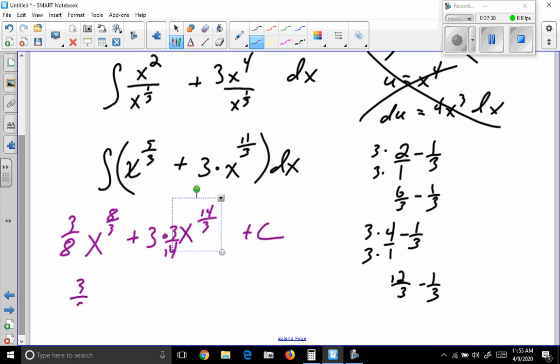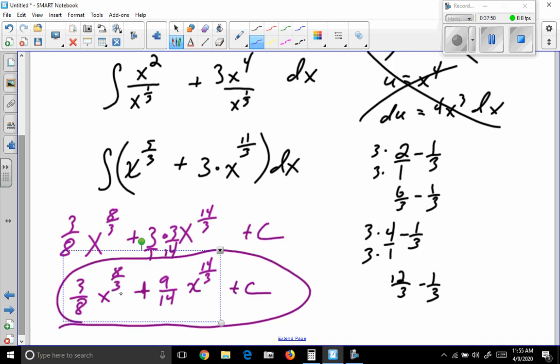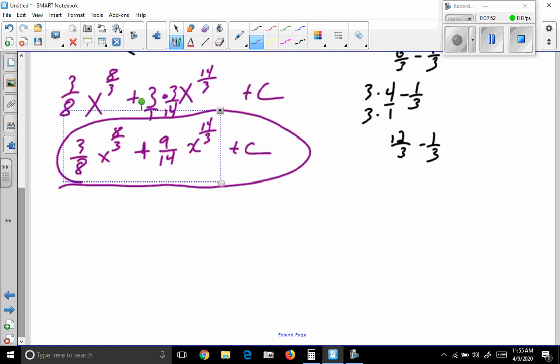So we end up with 3/8 x to the 8/3 plus 3 times 3 is 9, 1 times 14 is 14, x to the 14/3 plus c. And we could technically factor out what they have in common if we wanted to. They both have at least x to the 8/3 in them.